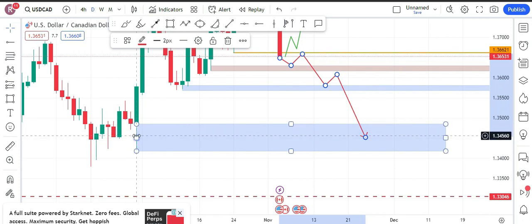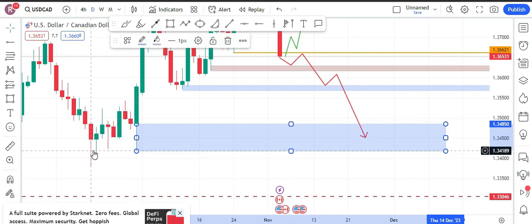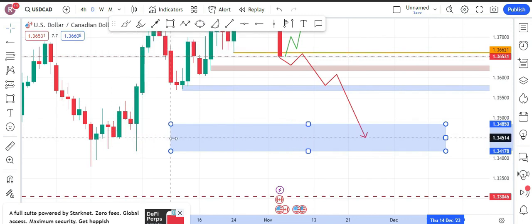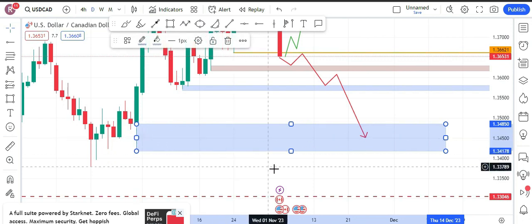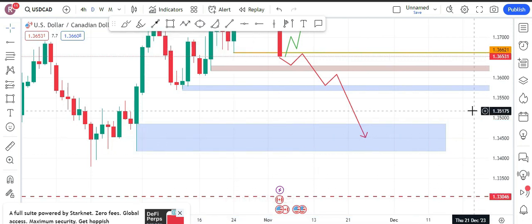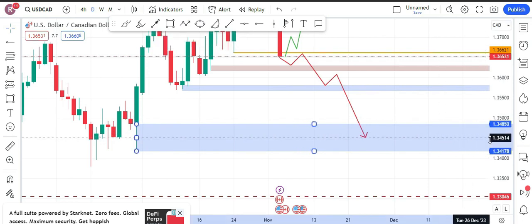It's a very big zone. I should not do this, but I am showing you like this, a very big zone, because price has been rejected, and again it has been rejected here also and went up. So this zone will be tough in one way or the other. So watch for this zone if price comes down.